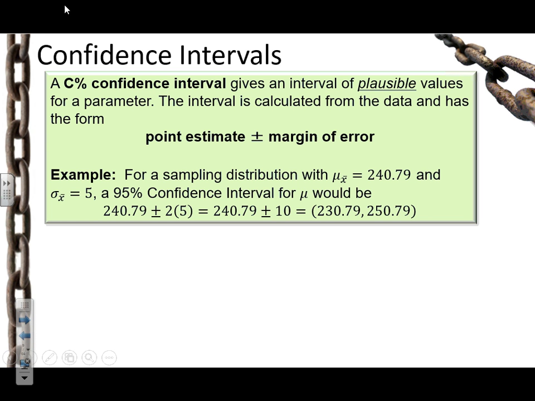But a confidence interval, I would maybe write this part down, gives an interval of plausible values for a parameter. So it gives us a set of values we would take to mean are plausible. These are possible values that our population value could take on.